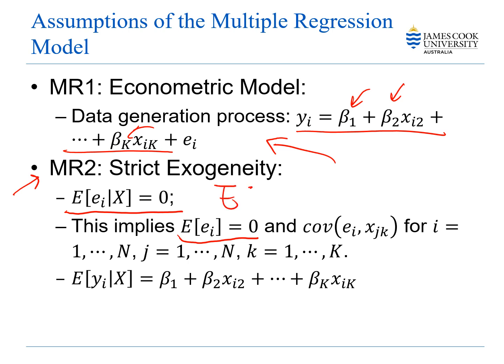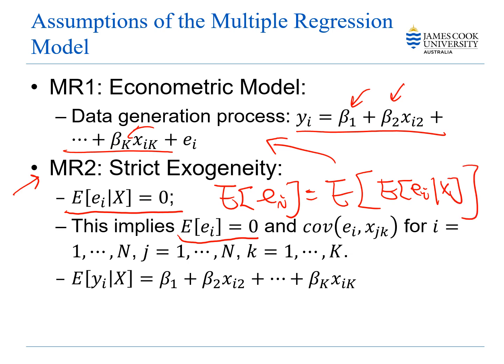To see this, we can apply the law of iterated expectation. We first condition on X, and this can be a function of X, then take expectation over all X. The inner expectation is conditional on X, and the outer expectation is taken with respect to X. We know that our assumption gives 0, so the expectation of ei is just equal to 0.